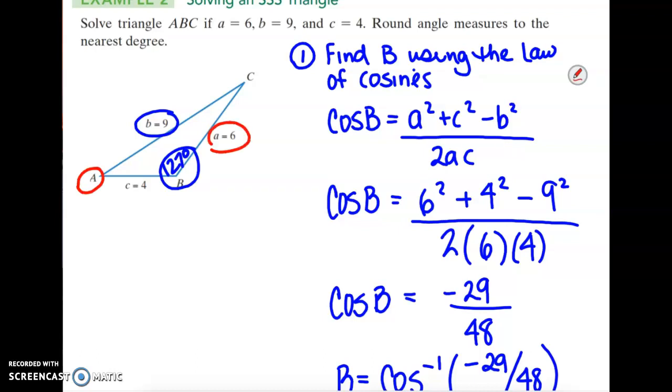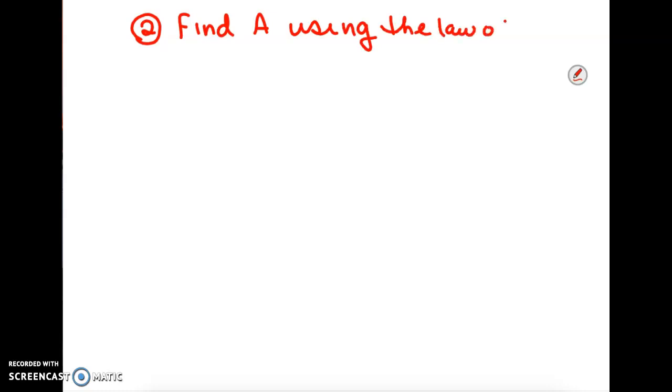I'm going to add a slide here. So step 2, find angle A using the law of sines. So you set up your proportion equation.